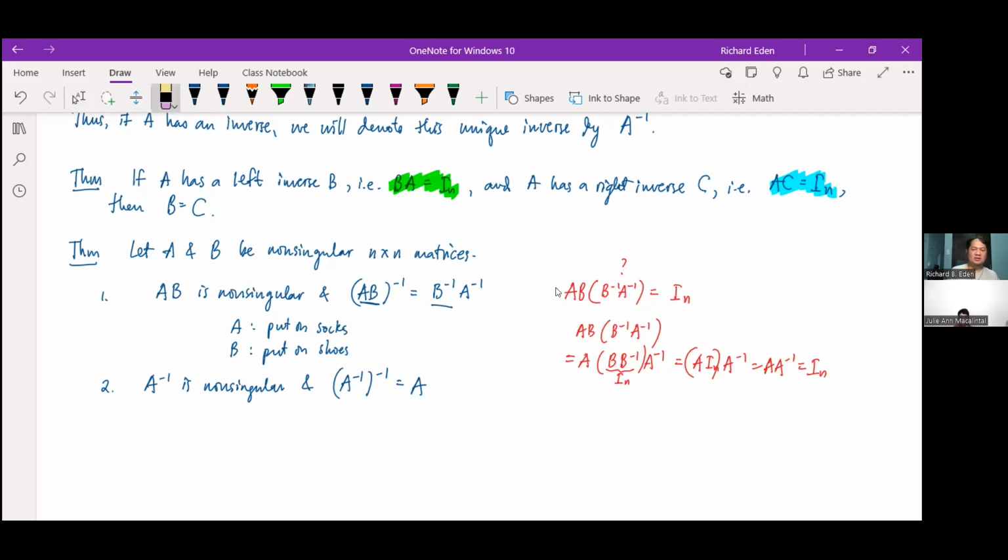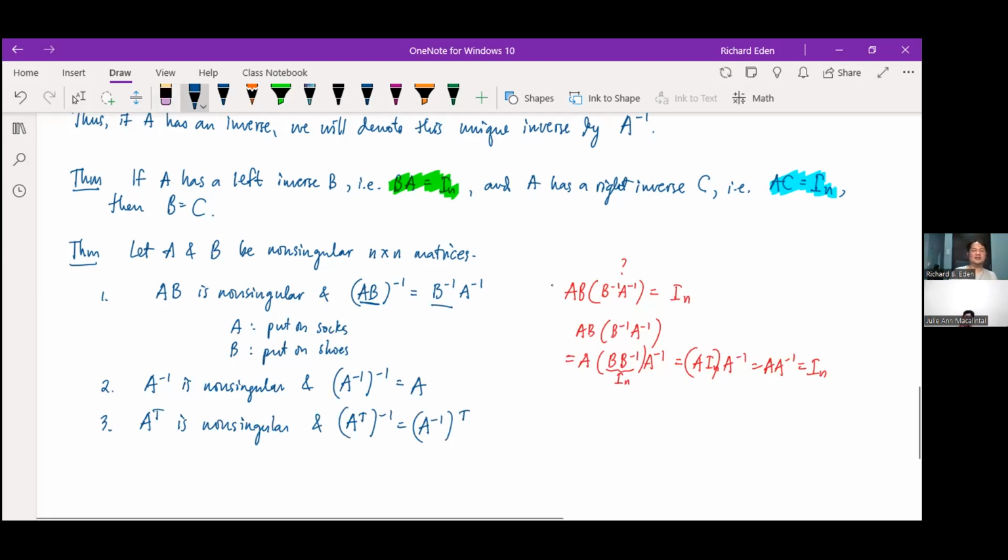Okay. And then number three, the transpose is also non-singular. And what do you think is the inverse of the transpose matrix? The transpose of the inverse. Yes, the transpose of the inverse.